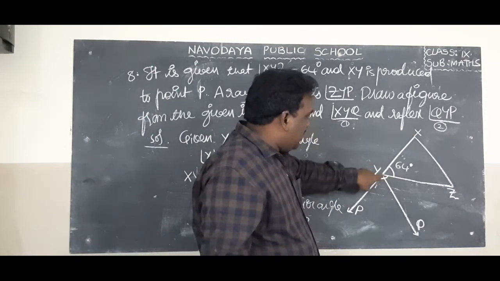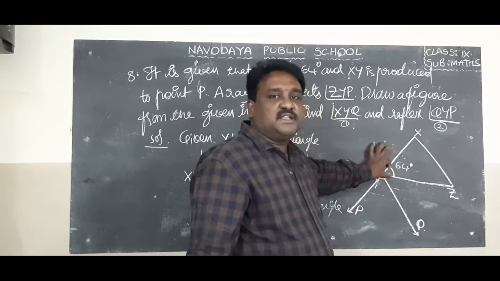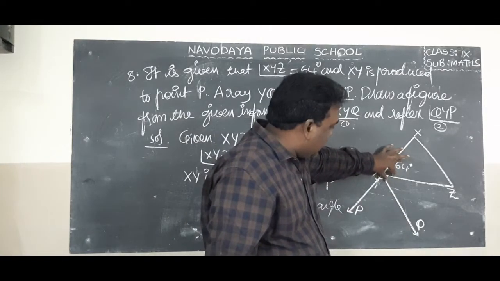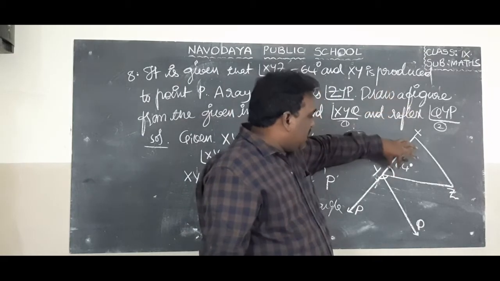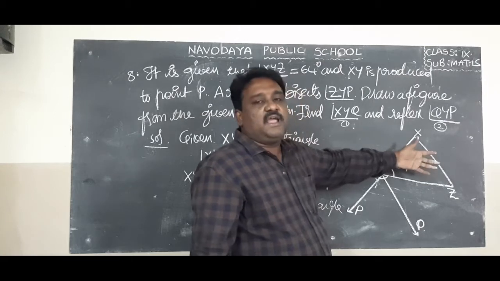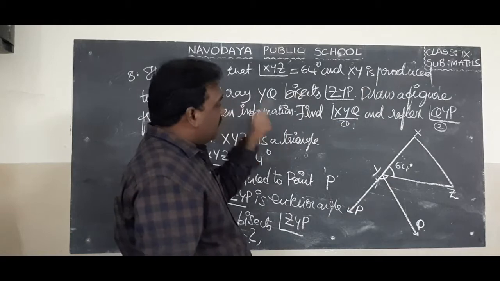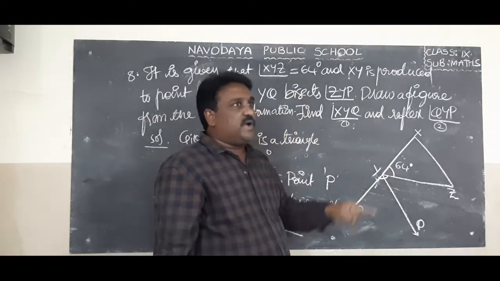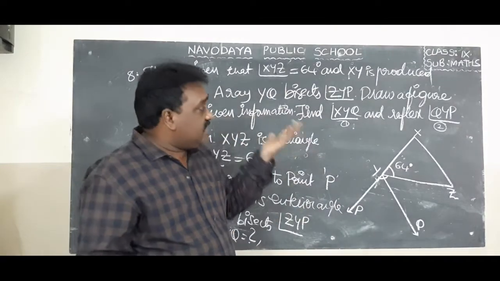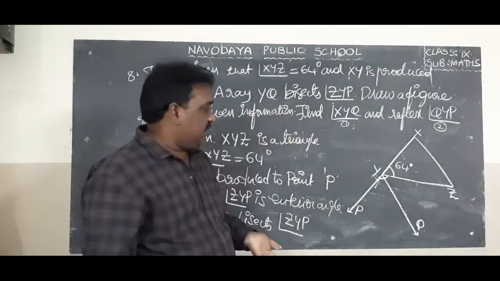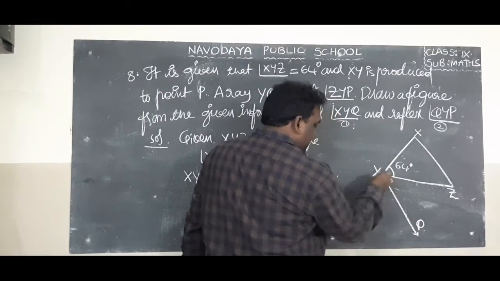Okay na? You know where is XYQ? X, Y, Q. Total angle. Some part of the angle lies inside the triangle. Some part of the angle lies outside the triangle. Okay na? Anyway, by adding both exterior angle and interior angle, we get angle XYQ. Next one is what? Second one. Reflex angle QYP. Not angle QYP. First we need to find out angle QYP. Then reflex angle QYP. Okay now, where is QYP? This is QYP.